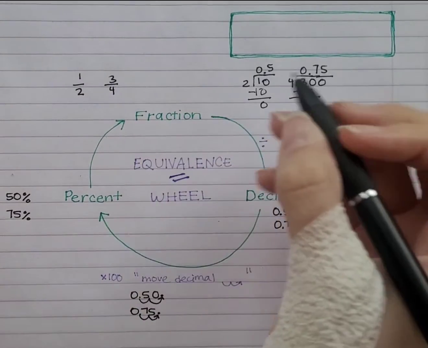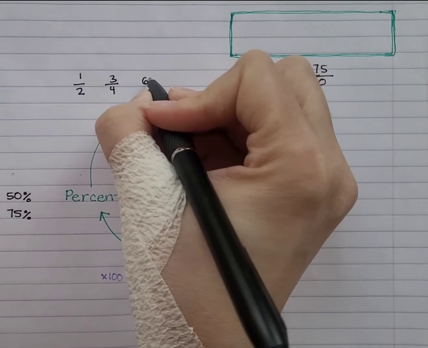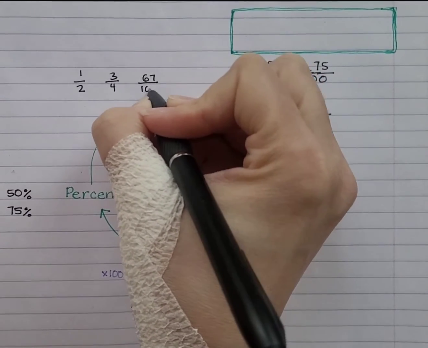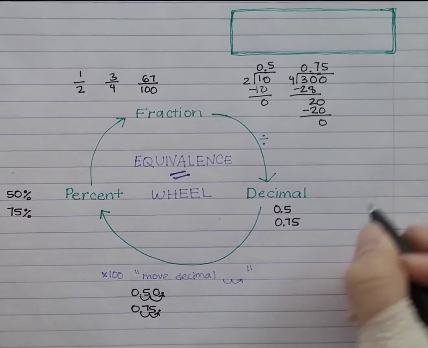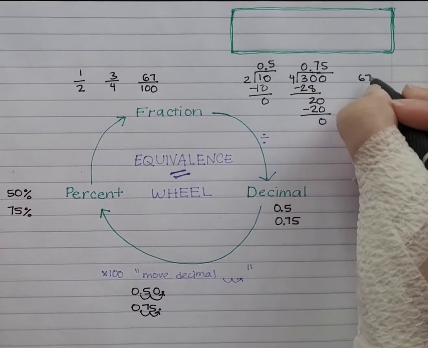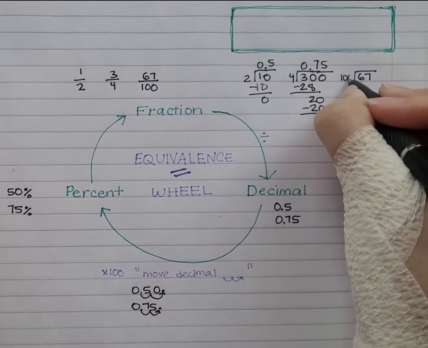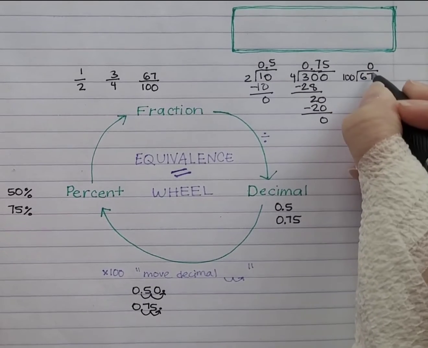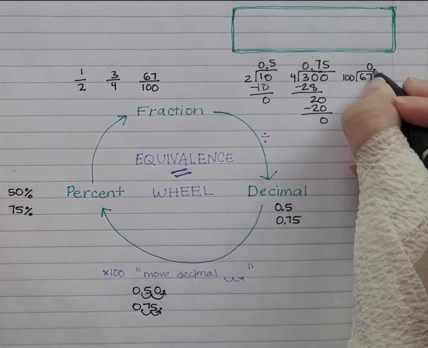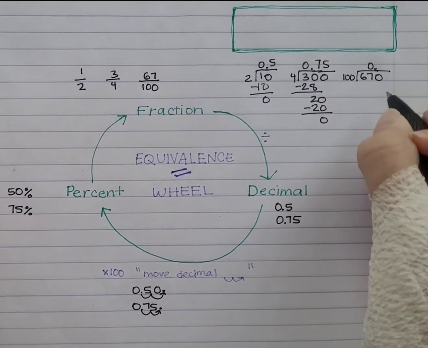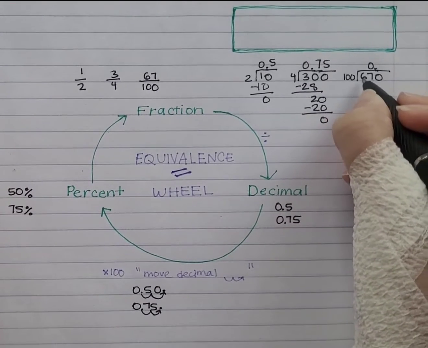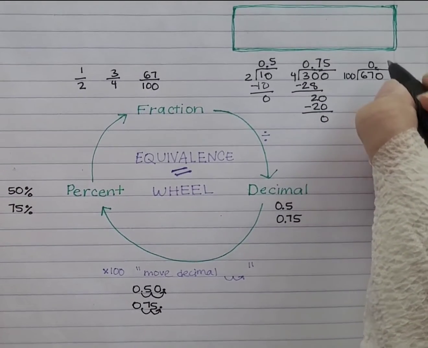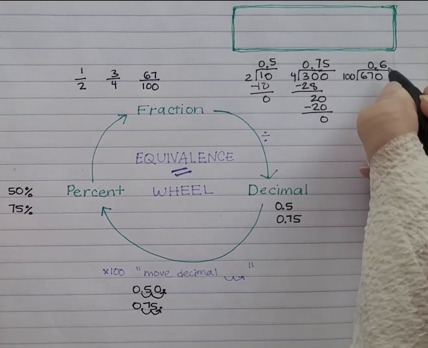Our last fraction we'll look at is 67 over 100. 67 divided by 100. 100 cannot fit inside of 67, so we get a 0, make a decimal, and bring down a 0. 100 can go into 600 we know 6 times.